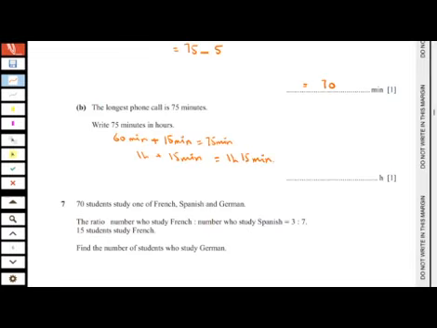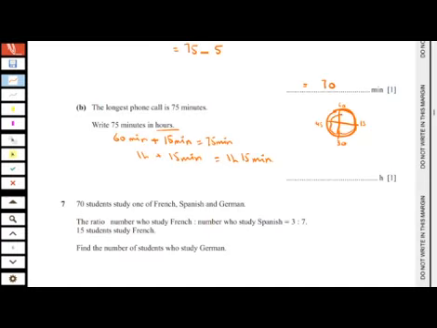But we have to write the answer in hours, so we have to convert 15 minutes into hours. As you can see, this is the clock. From here to here is 15, then 30, then 45, and last is 60. 15, then 15, then 15, then 15.